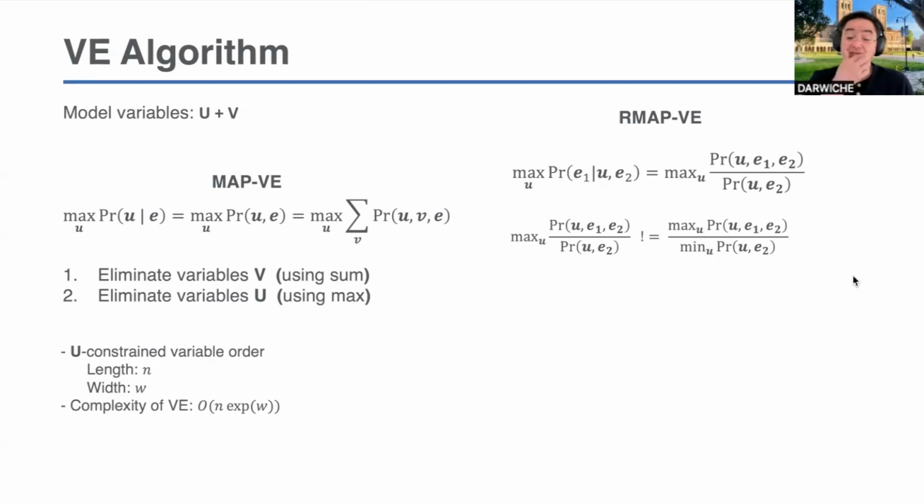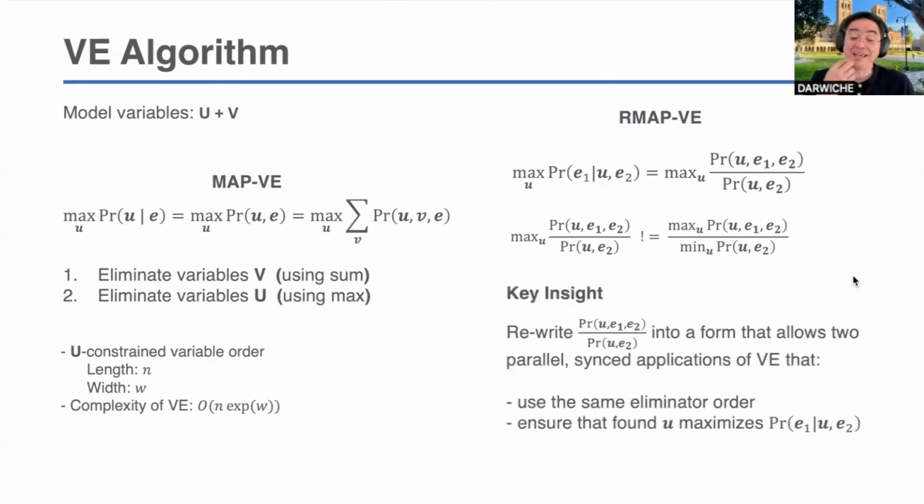So what we did is we found a way to rewrite this expression in a factored form that allowed us to run two versions of variable elimination in parallel so that they are synced. So they are optimizing this expression in a sense while maintaining the same U. Of course, we don't have time to go over the details.